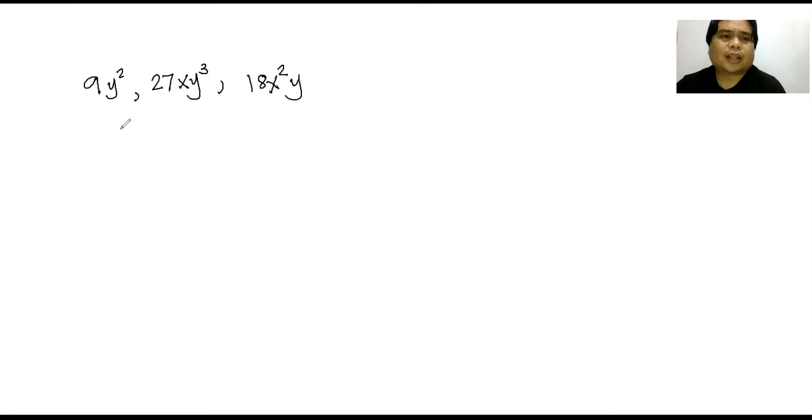Another. Now, how about this? This time you have 9y squared, 27xy cubed, and 18x squared y. In the first examples, we tried to list down the prime factors. But once you have mastered that, you can do a shortcut. You don't necessarily have to list them down.